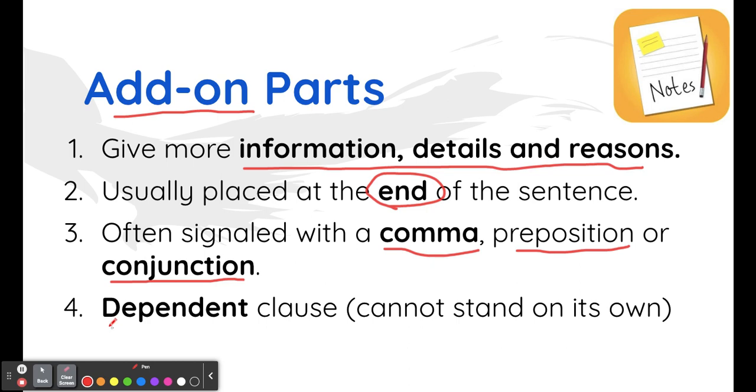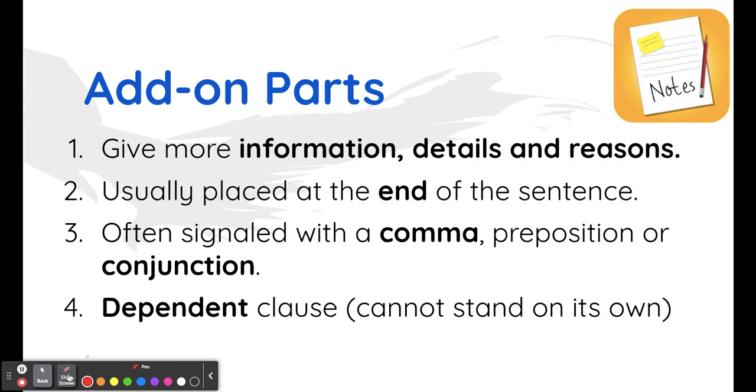The last thing you want to know is that it's dependent, meaning it cannot stand on its own, meaning it would be a fragment. If we left it on its own, it would be a fragment. It can't stand up by itself because it doesn't really make sense alone without context. Why don't you go ahead and pause the video to get down your notes.